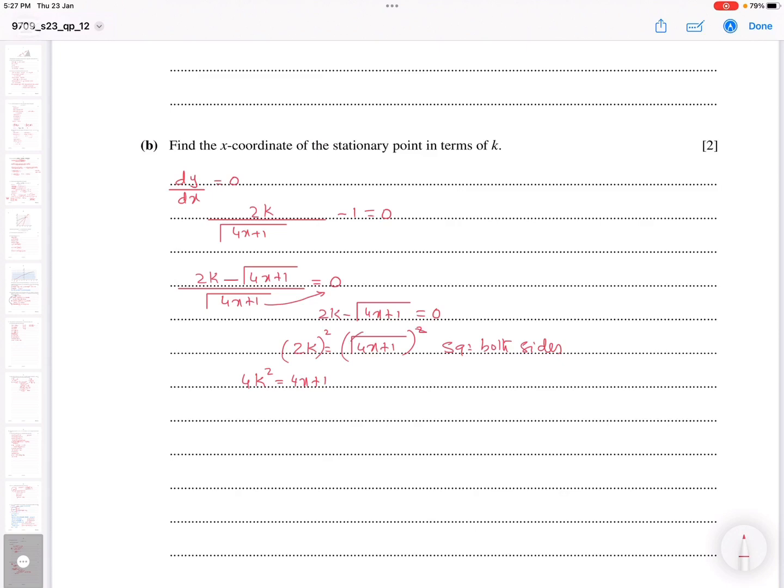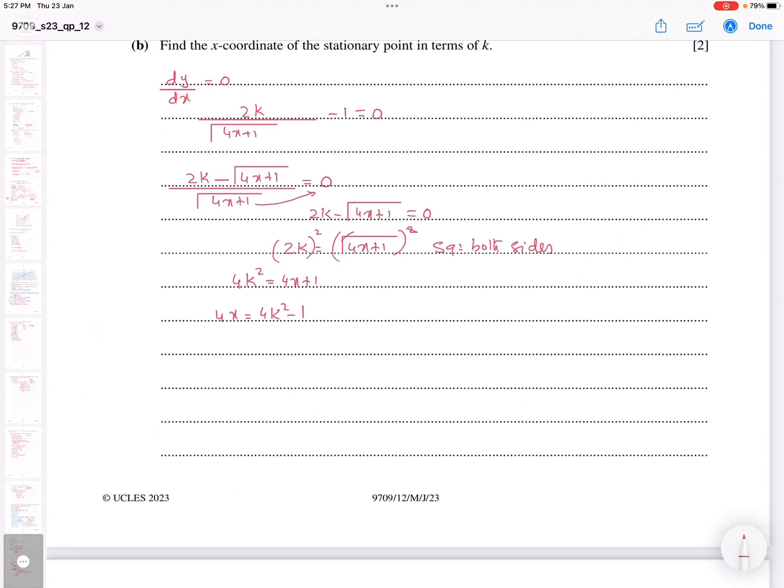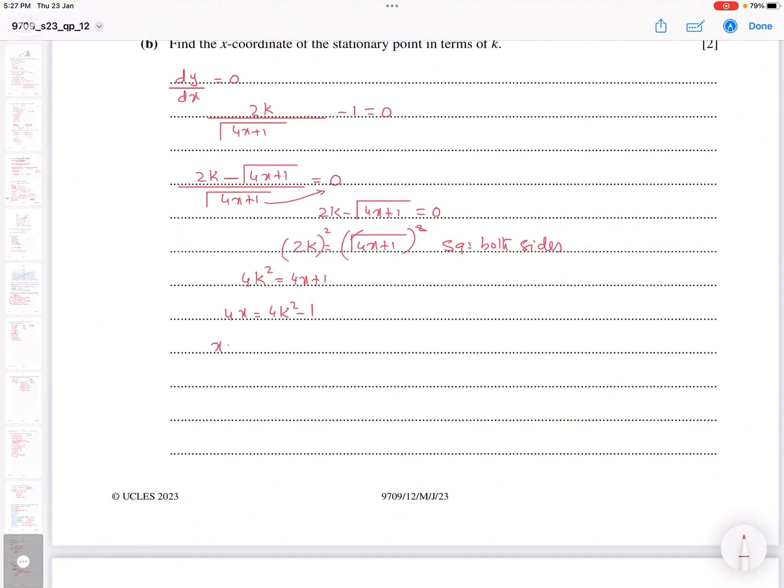Square will cancel the square root. So 4x is equal to 4k squared minus 1, and x is equal to (4k squared minus 1) over 4. This is our answer for this part.